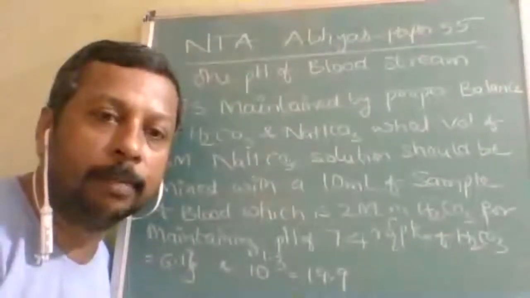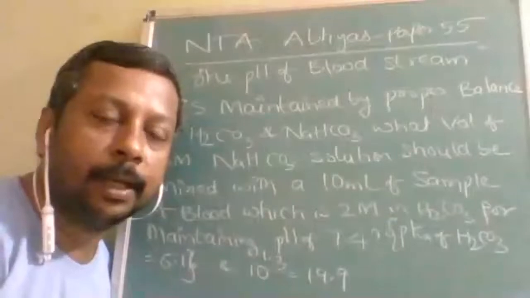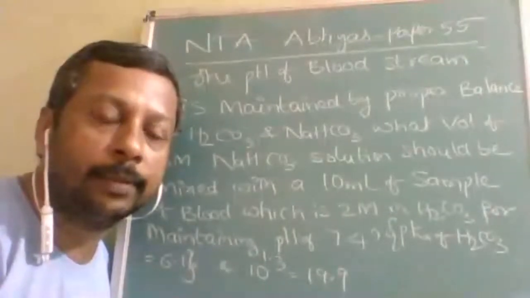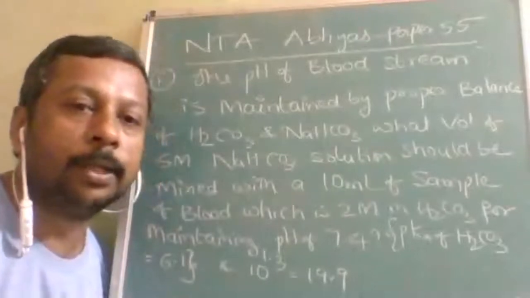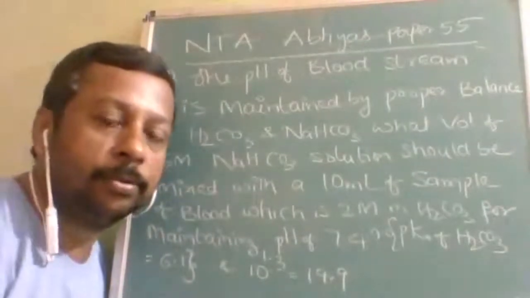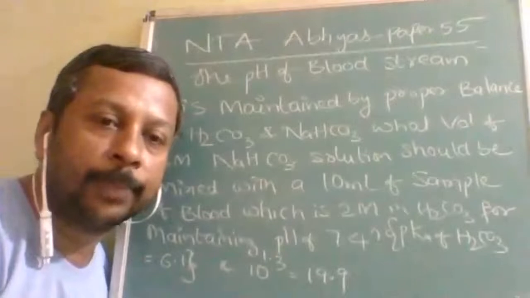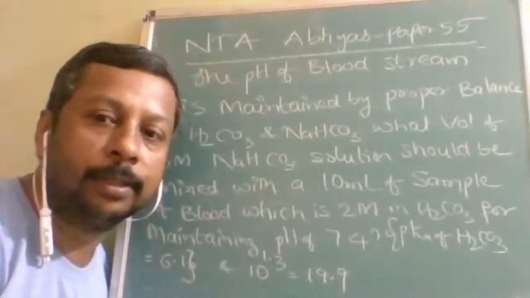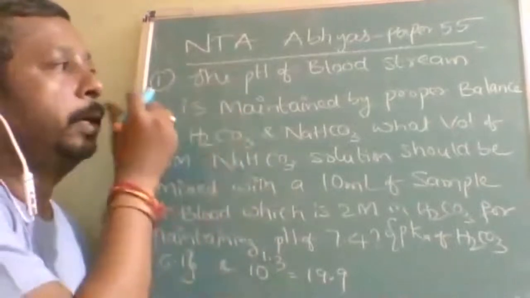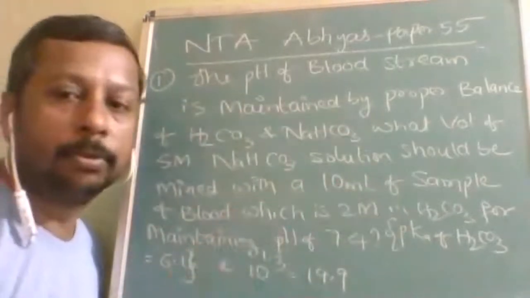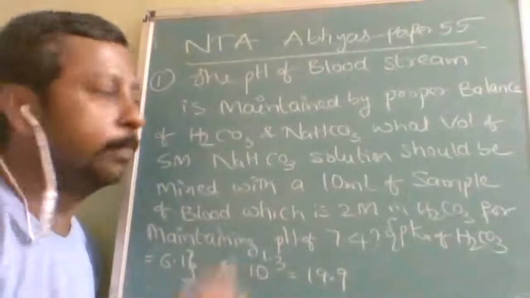A buffer is made up of a weak acid and a salt of the weak acid with a strong base. That is called an acidic buffer. Another concept is also there: a weak base and its salt with a strong acid. Nowhere is it mentioned, but you should be able to identify how to approach.